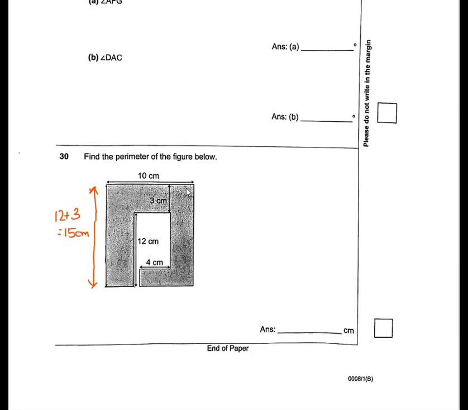And since this and this are parallel and they are equal in this case, this is also equal to 15 centimeters. Now these are okay because from here it's 15, 10, 15, and I know that from here to here is 12.